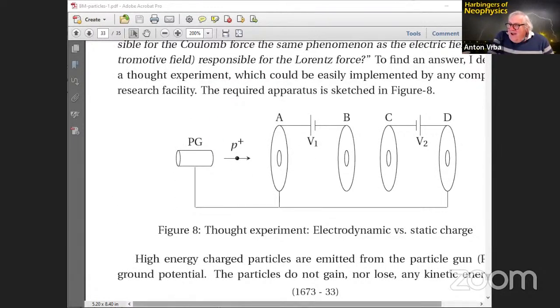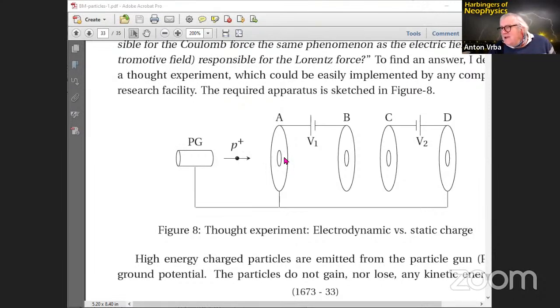This is a thought experiment that I want you to think about. If I have a particle generator that shoots out high energy charged particles at ground potential, so from here to here, the kinetic energy of particle P remains the same.